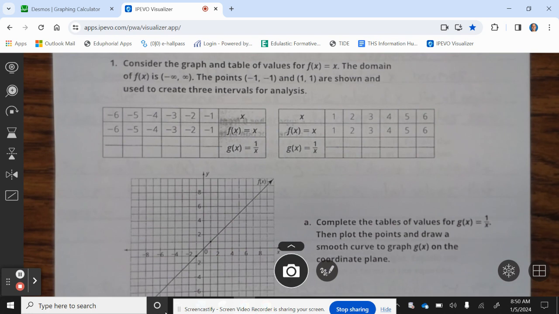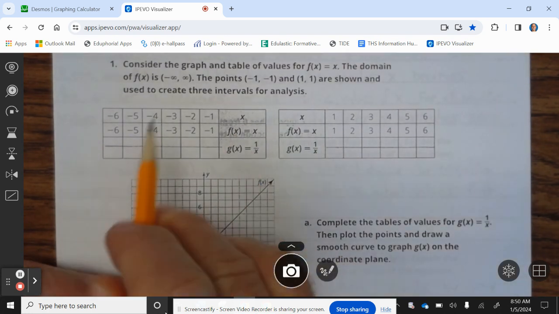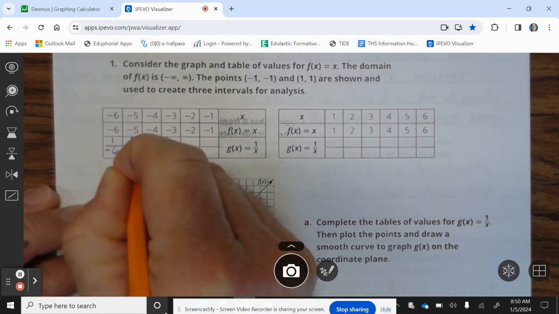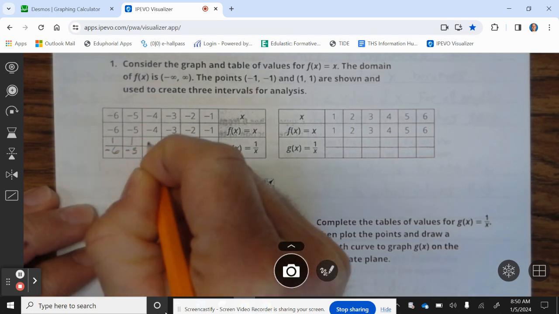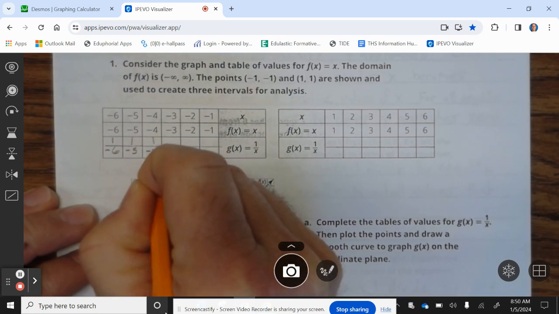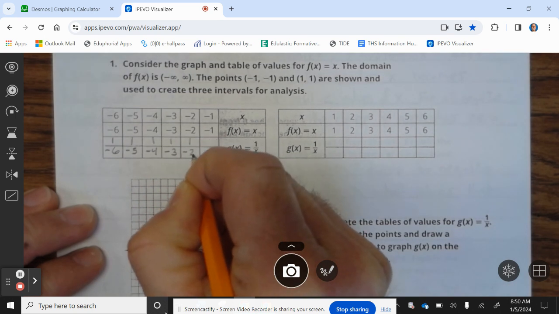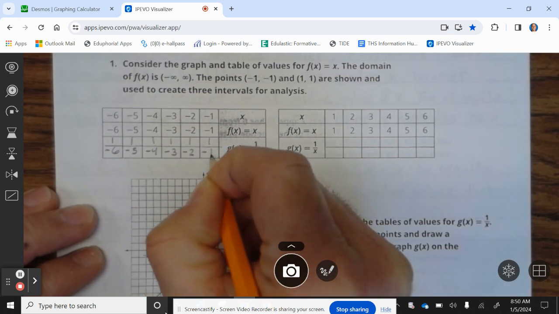All right, let's go ahead and complete the table. So g of x is 1 divided by x. So this would be 1 divided by -6, 1 divided by -5, 1 divided by -4, 1 divided by -3, 1 divided by -2, 1 divided by -1.